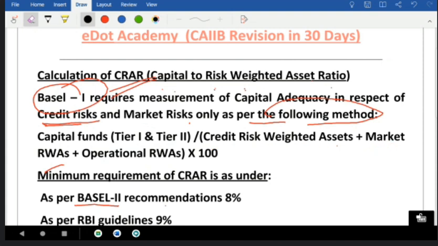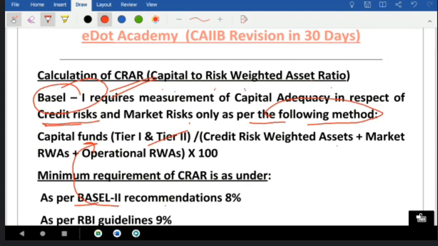So this formula is written as per Basel 2. Okay, what is the formula? Capital fund, tier 1 and tier 2. So if you are going to find out only the tier 1 capital, then remove tier 2, and the formula will be the same. Divide by credit risk weighted asset plus market risk weighted asset plus operational risk weighted asset.